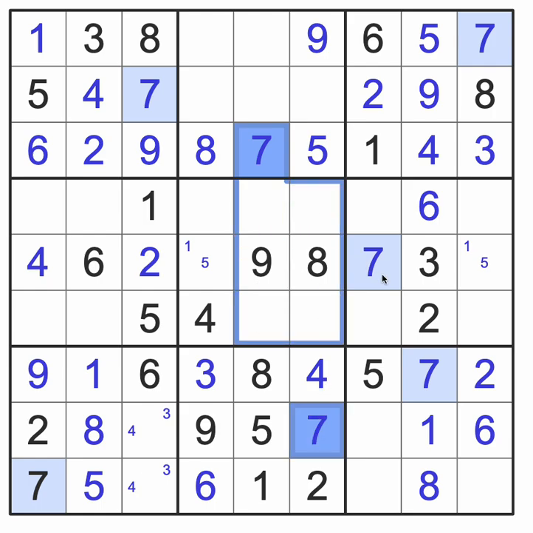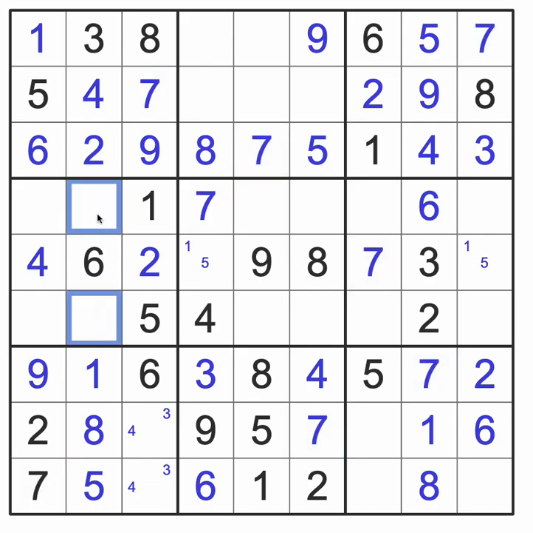This 7 blocks these. This 7 blocks here, gives me 7 here. 7 is missing from column 2, so this cannot be 7, meaning this has to be 7. That gives me 9 here.